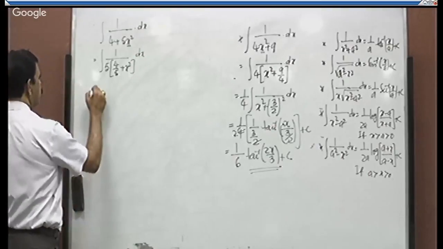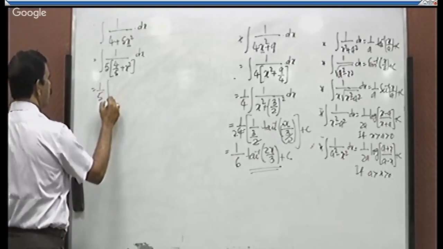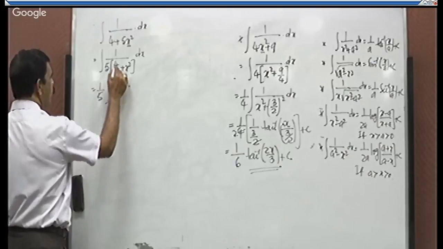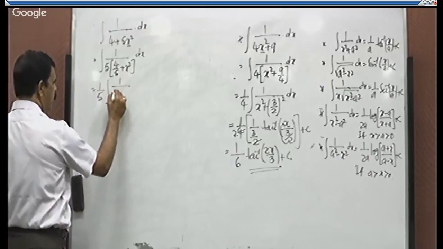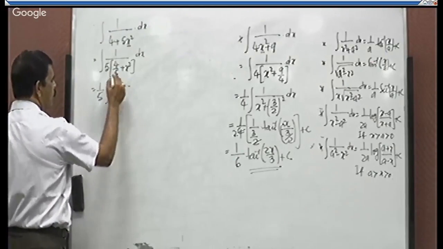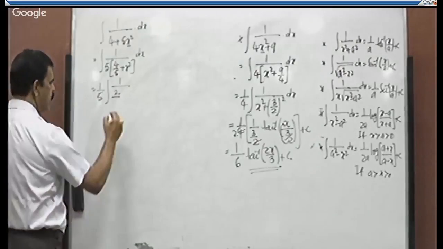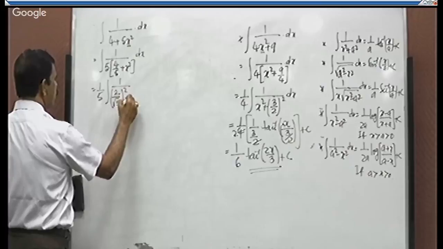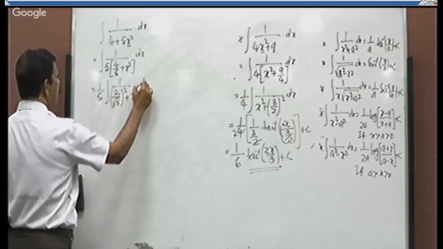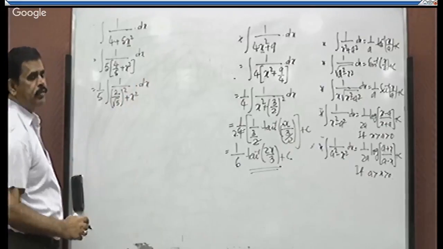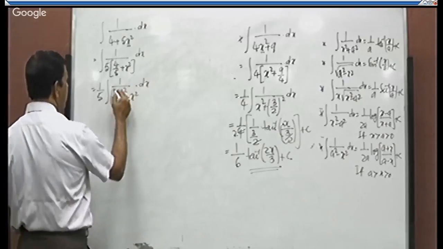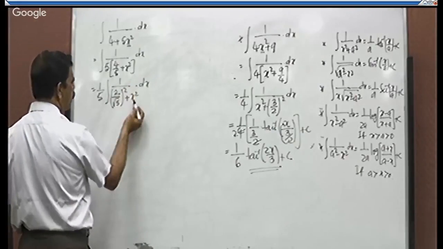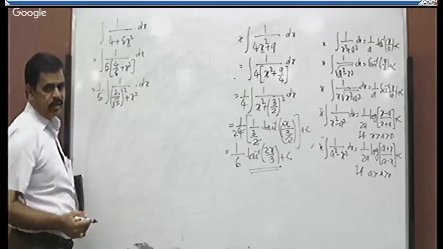Right? That is equal to 1 by 5 into integral of 1 divided by, 4 is 2 square. I am taking 2. 5, it is not a perfect square. Then make it as root 5 whole square plus x square into dx. Now it is of what form? 1 by a square plus x square or 1 by x square plus a square. It is one and the same.